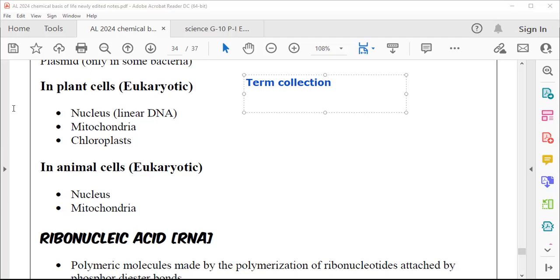In this class, children, tell me what books you are maintaining. Term collection, definition, essay, short questions.